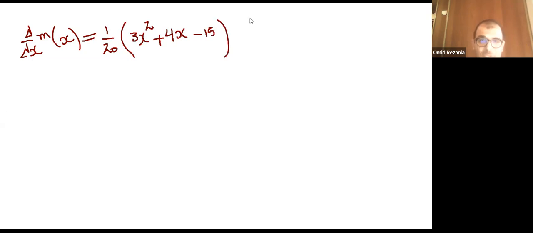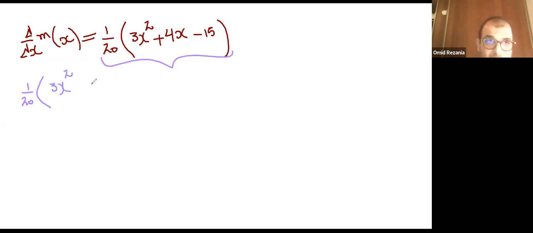You know that when you just want to find a local maxima or local minima, the thing which we do is this: we take the whole term goes to 0. It means that then 1 over 20 of 3x squared plus 4x minus 15 should go to 0.